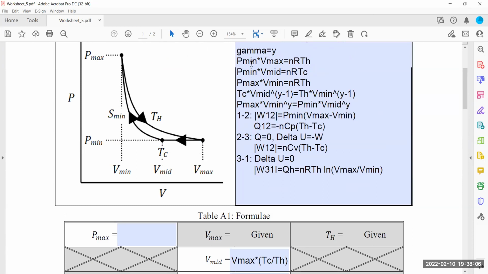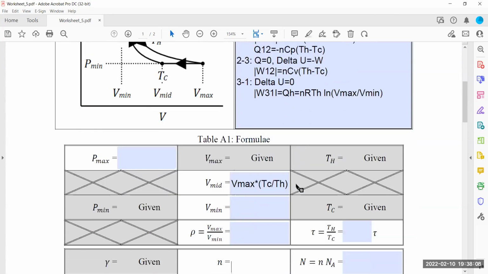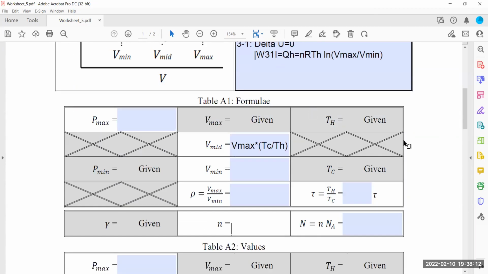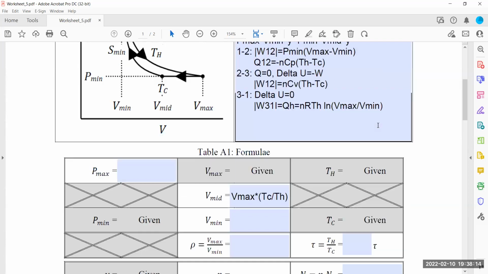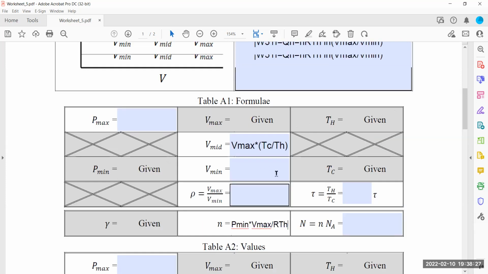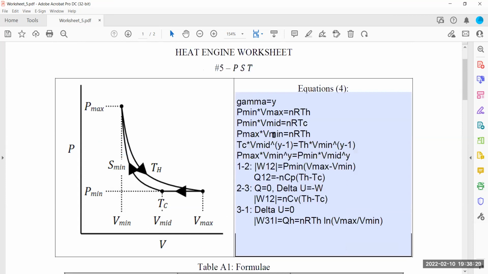So the number of moles is clearly P min times V max divided by RT_H. So this is actually a useful thing to have, P min times V max divided by RT_H. So now we have this expression.